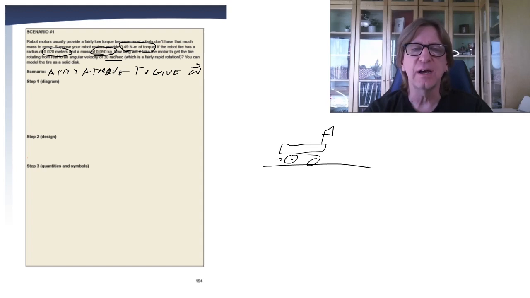All right, here's our diagram, but I'm going to blow it up just a little bit. So here's my wheel, and I'm going to apply that torque in this direction to make it rotate. And I have a mass of the wheel, so we'll say the mass of the tire, and then I have a radius of the tire.